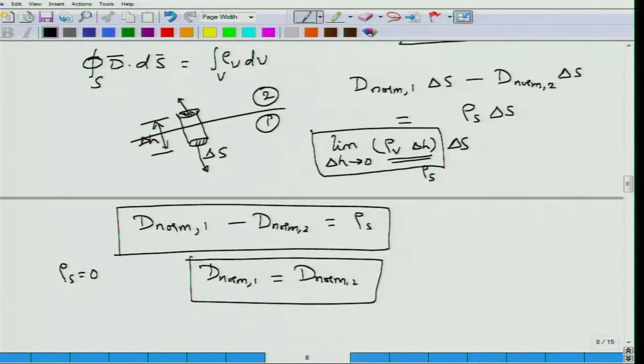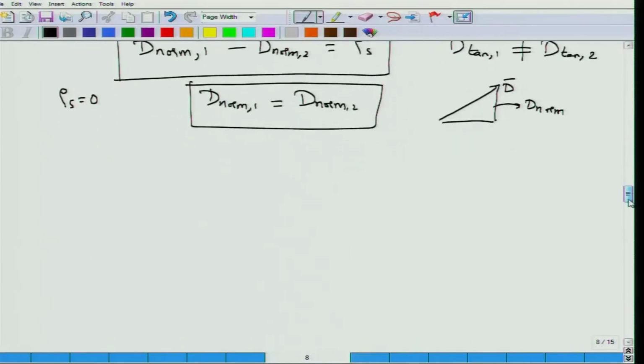Please note a very important thing: D tangential 1 is not equal to the tangential field in the second region. If you take this as the total D field, only the normal component would be equal, the tangential components would not be equal.